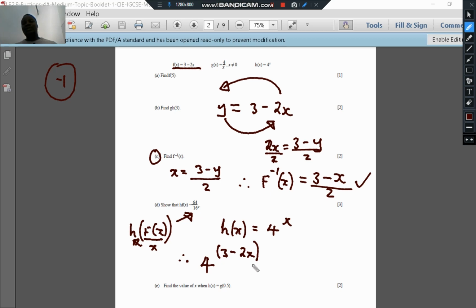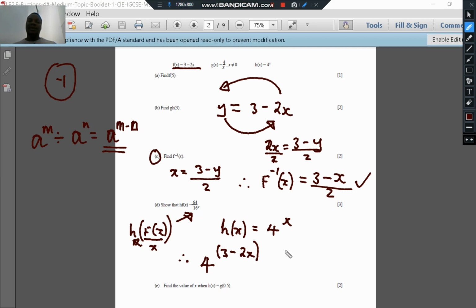Now, when we do this, if you remember the laws of indices, we said if you've got a to the power of m divided by a to the power of n, it means you are going to subtract the powers and just have a to the power of m minus n. So look at this, we've got 4 raised to the power of 3 minus 2x.